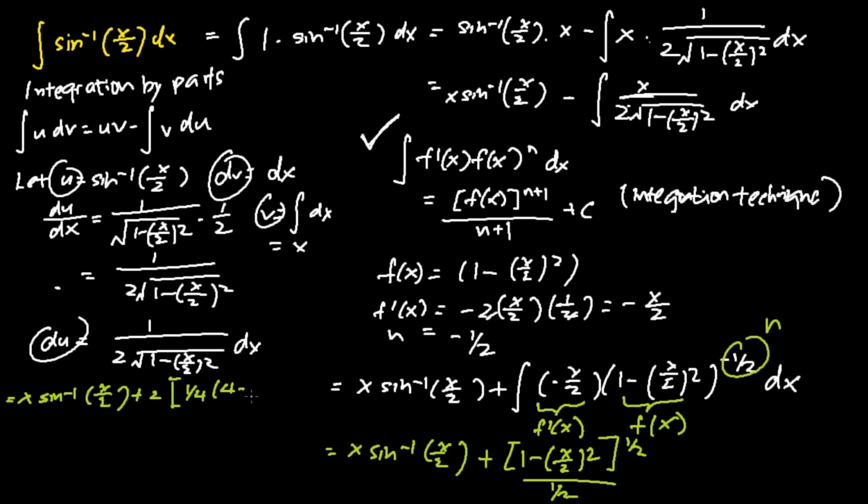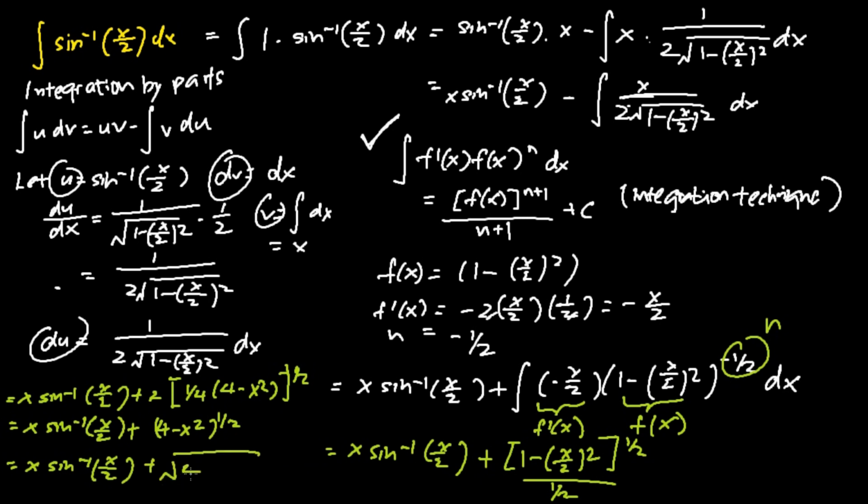I get 4 minus x squared to the power of half. Then after that, I take the 1/4 out of the square root. I basically get half. And I multiply by 2. I basically have just 4 minus x squared to the power of half. In other words, I can just re-express this as square root of 4 minus x squared.